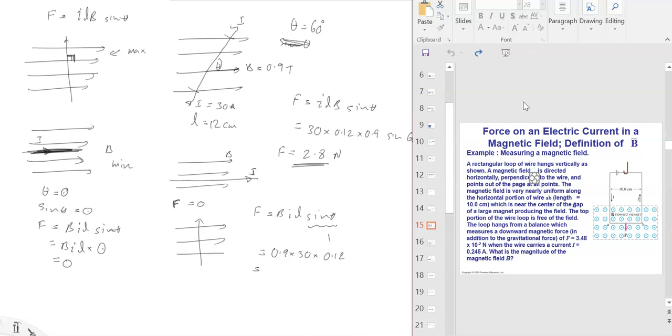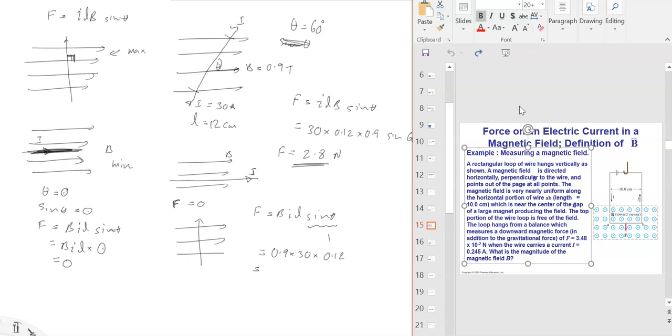A rectangular loop of wire hangs vertically as shown. Magnetic field B. Yeah, that's what it is. There should be a letter B here. B is directed horizontally perpendicular to the wire.